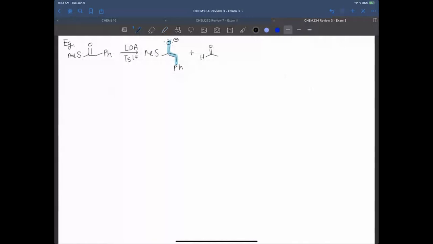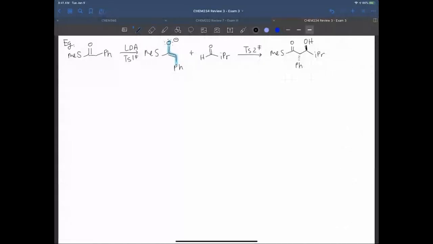Now remember, aldehyde condensation is all about enolates with aldehydes. Transition state 2 to give me this product here. What goes here would be the phenyl, and then my carbonyl and the isopropyl.